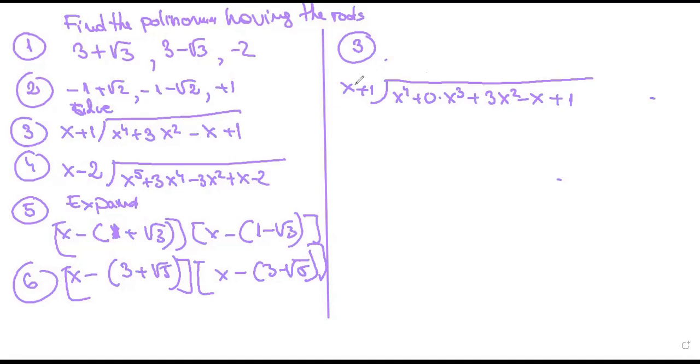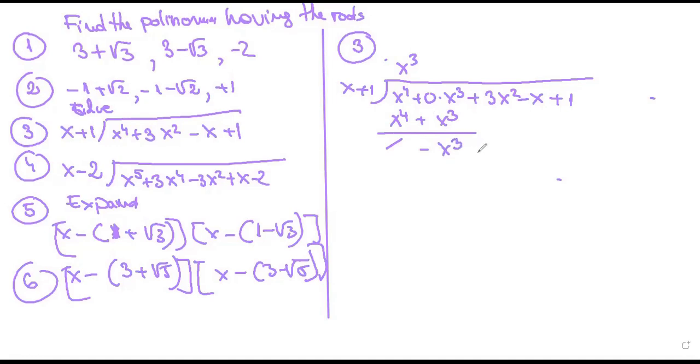X to the power of 4 divided by x is x to the power of 3. Then x to the 3 times x is x to the 4, and x to the 3 times 1 is plus x to the 3. The x to the 4's cancel out, and that becomes minus x to the 3.